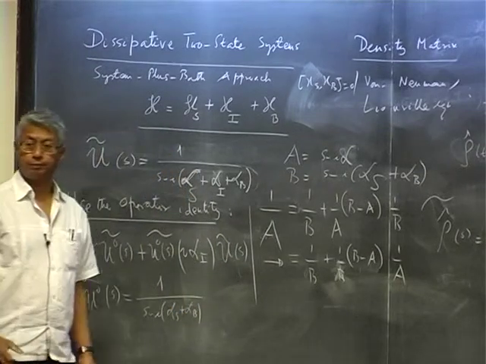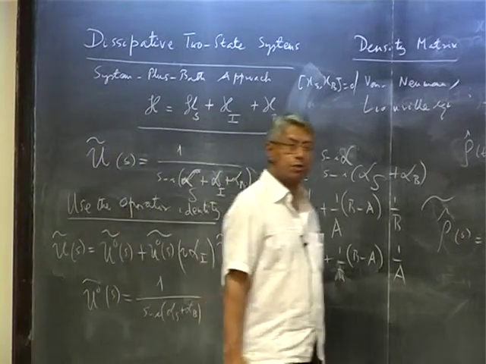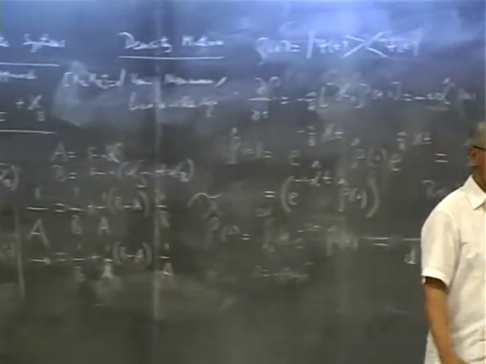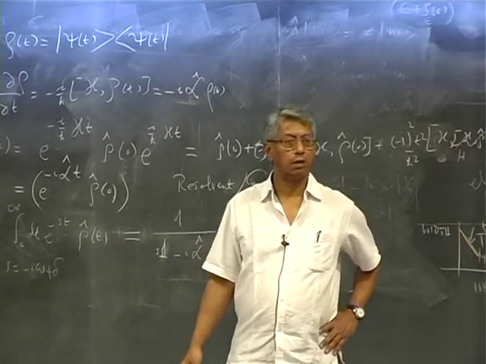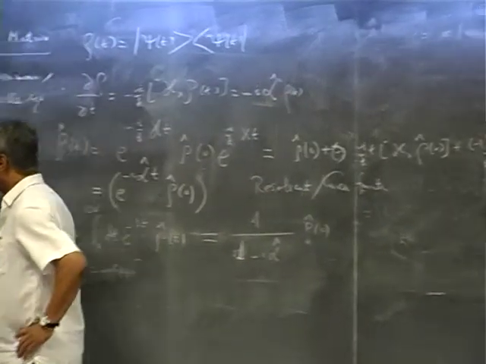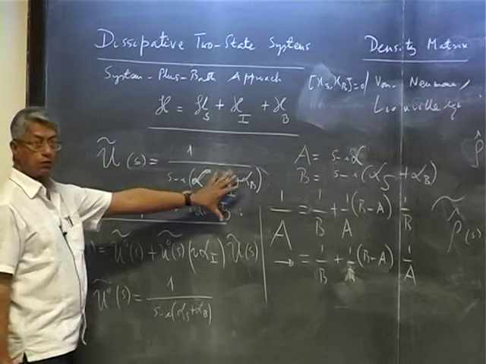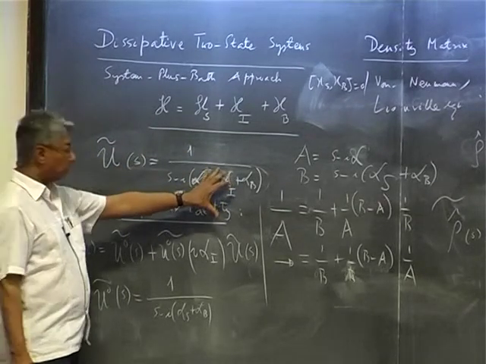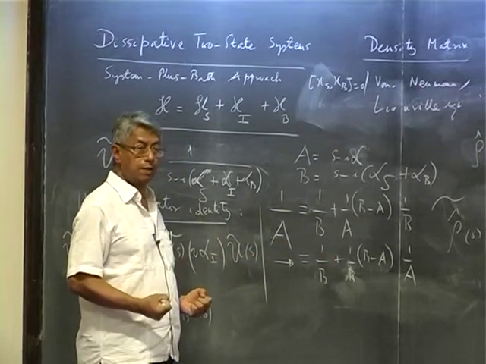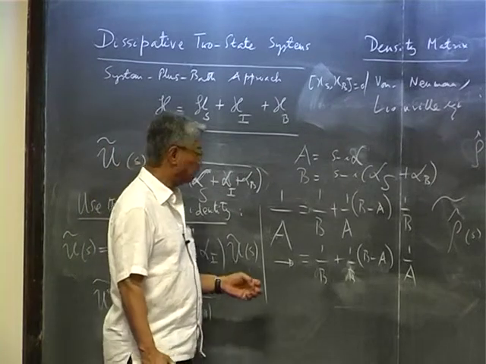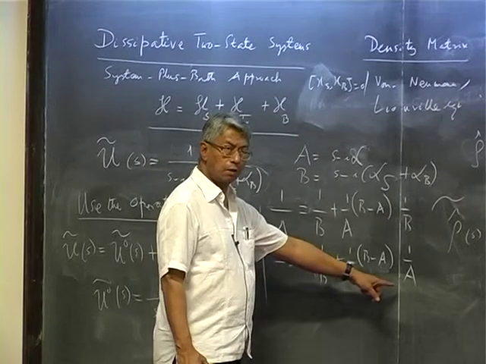Do you understand that? Have I lost you? Is there anybody who doesn't understand this? What I'm doing is that I want to calculate the inverse of this operator, right? Since I'm making operations with matrices or operators, I have to be careful about non-commutativity. But I have this identity, correct?